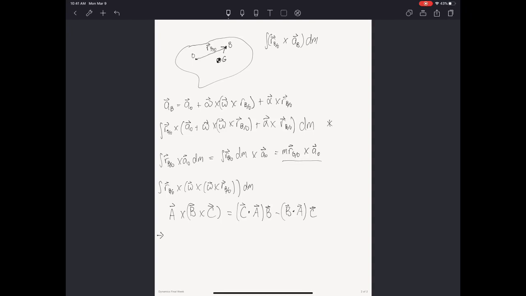So we have the integral of RB with respect to O crossed with, according to this, C dot A is the first term, that's RB with respect to O crossed with omega, not crossed, dotted with omega, times omega, minus omega dot omega, which is simply omega squared, times RB with respect to O.